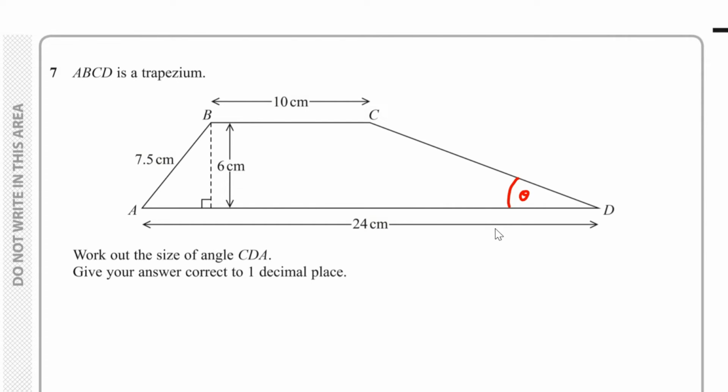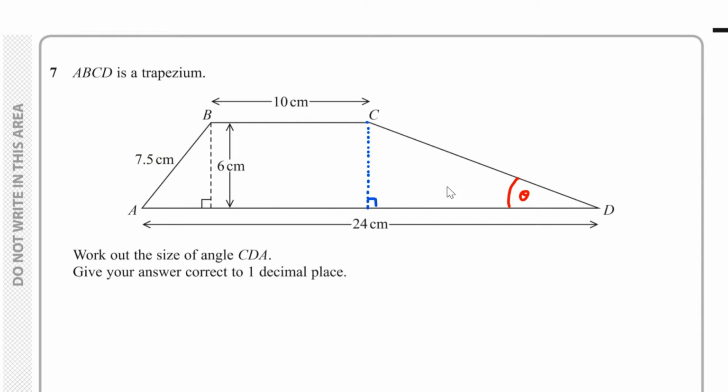For us to work out what this angle theta is, we need to form a right angle triangle, as we see here. So if I form a right angle triangle, here is our right angle triangle.